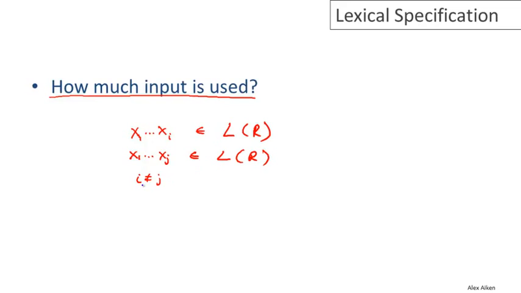Now what does that look like? Well, it would look like the following kind of situation. We would have our input string, and we have two different prefixes of the input that are both valid token classes. And the question is, which one of these do we want? Just to be concrete, let's consider what happens when a double equals is at the beginning of the input.